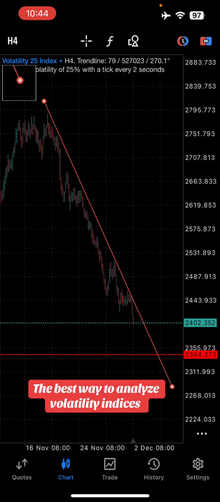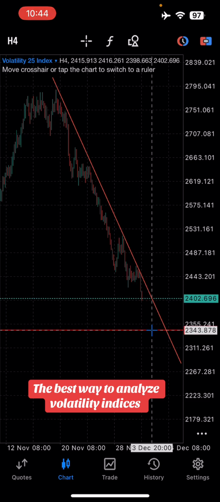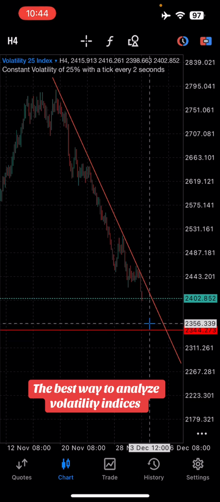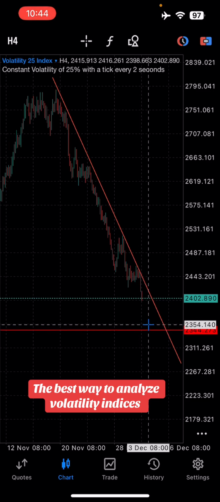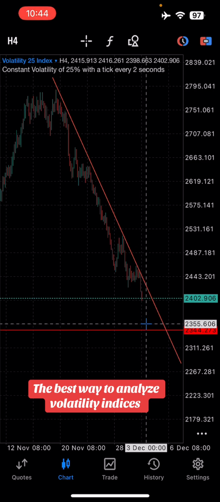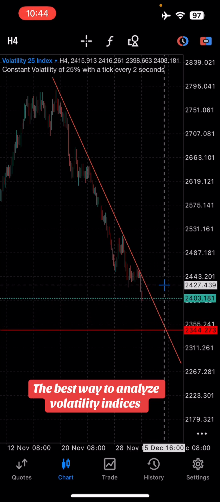Now, before we look for buy opportunities, even if the market is on this zone, we are not going to buy the market just because it's on this zone. If you buy the market when it is on this zone, it's going to sometimes break and maybe take your stop loss before going to the upside.